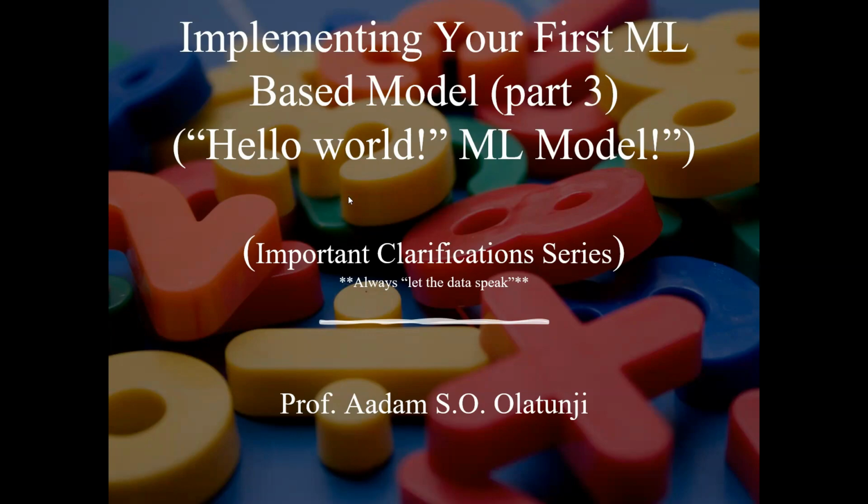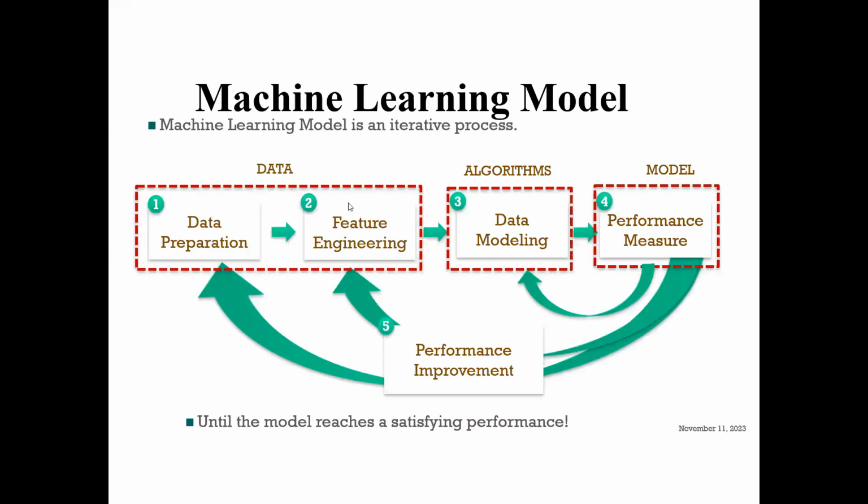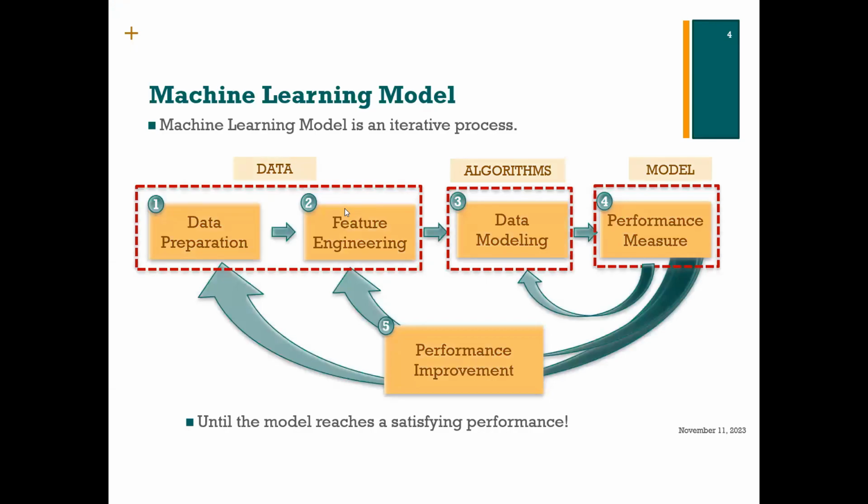Last time, in the previous section, we made us realize a very important iterative machine learning procedure, whereby it is very important to get your data set under data preparation, data modeling, and the performance measure.